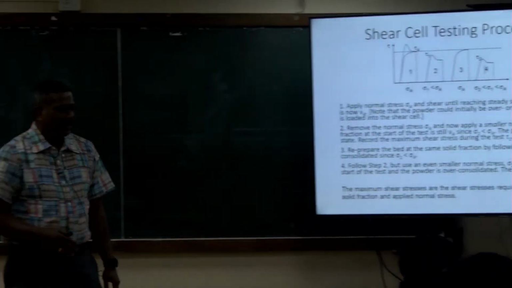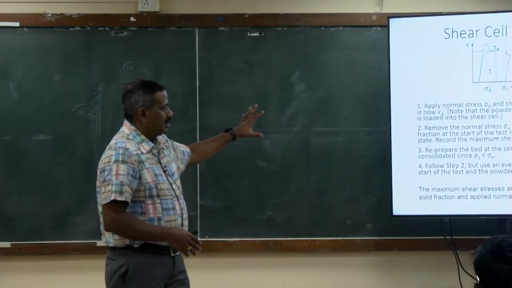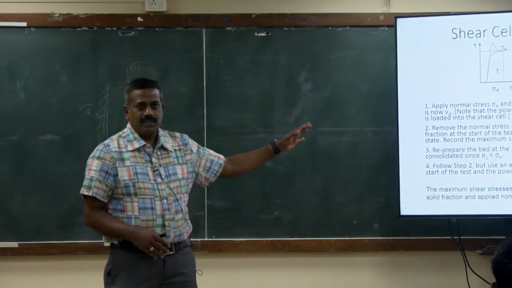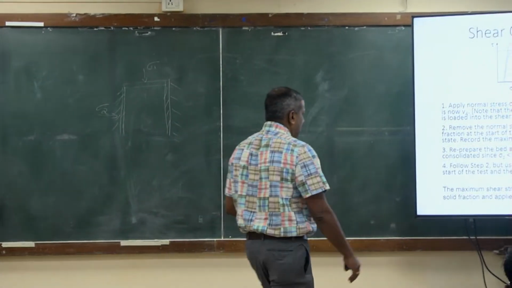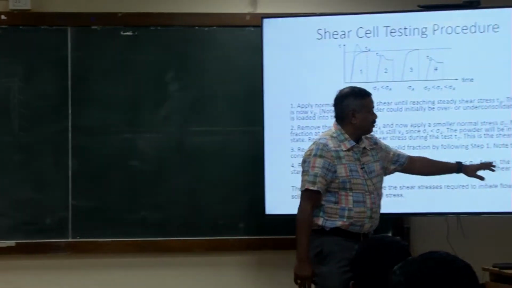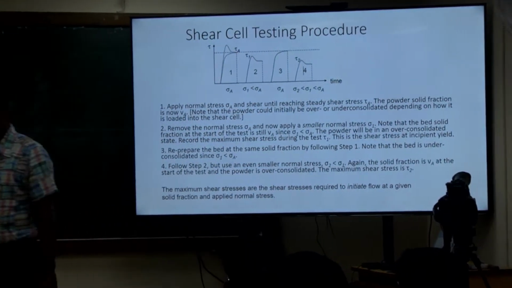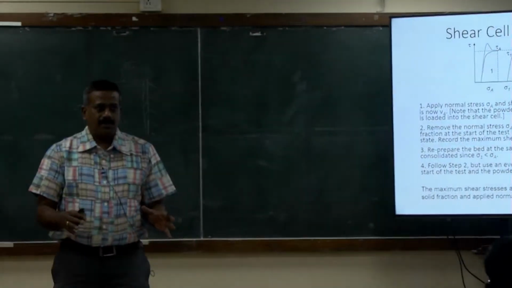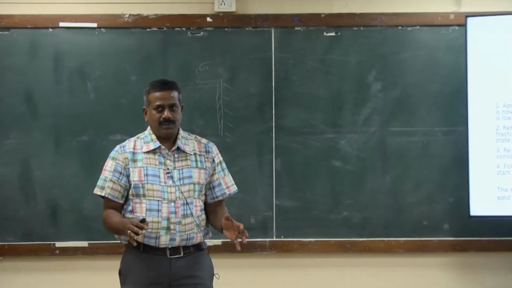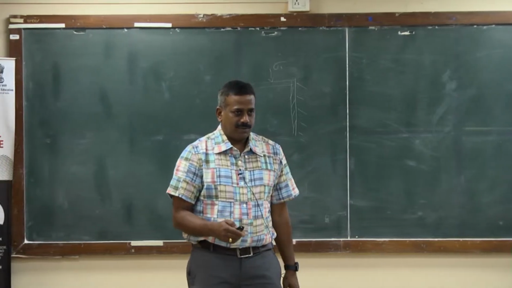So again, a simple measurement. As we talked about, it depends on the solid fraction too. The solid fraction will be changing during some of those shearing processes. That's why sample preparation is very important, and you have to be very careful when you prepare those samples for testing.